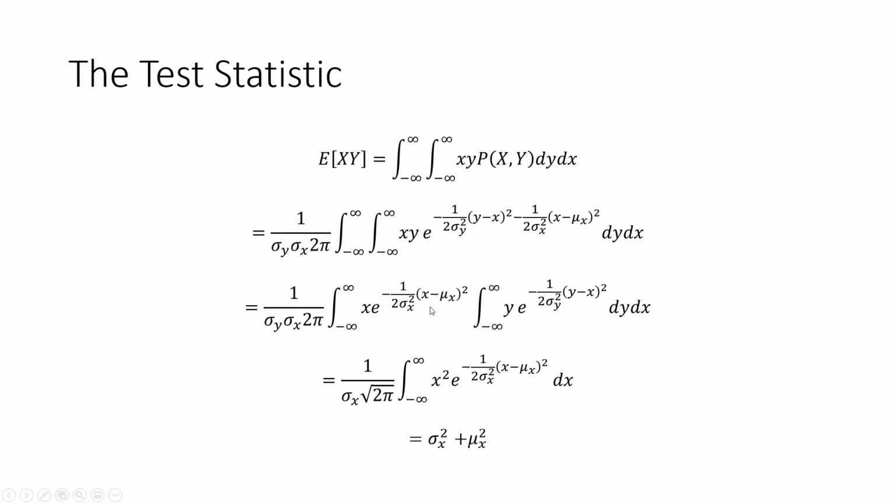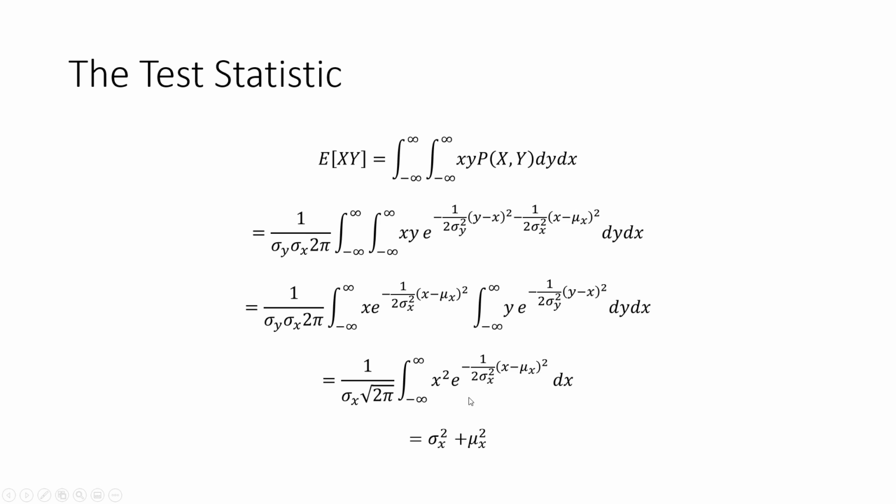Then notice that this is pretty much the mean of y, and the mean of y is just x. So now we get x squared times the e to the whatever, and we are left with pretty much the second moment of this normal distribution.